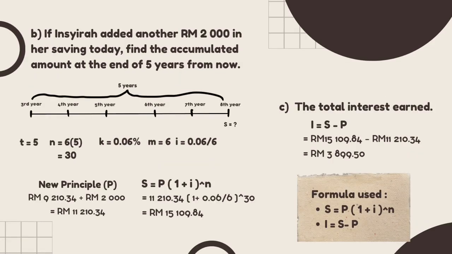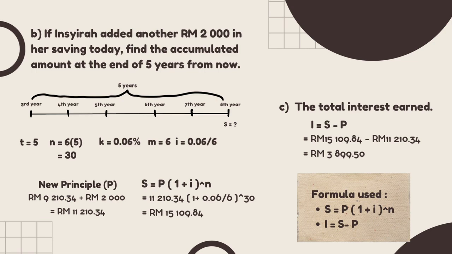For question 2B, if Inshira added another 2,000 in her savings today, find the accumulated amount at the end of 5 years from now. First and foremost, we need to use the information given. T is 5, N is 30, K is 0.06%, M is 6, and lastly I is 0.06 divided by 6.